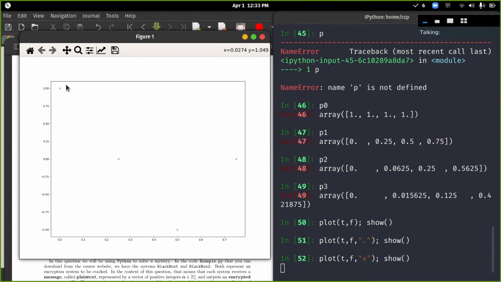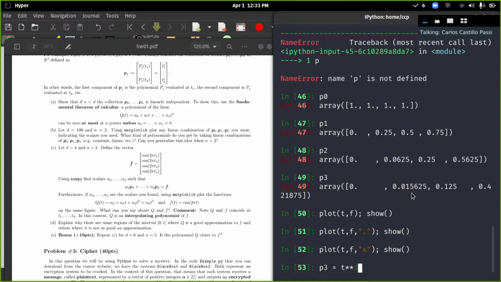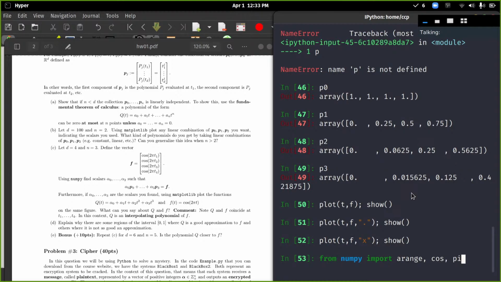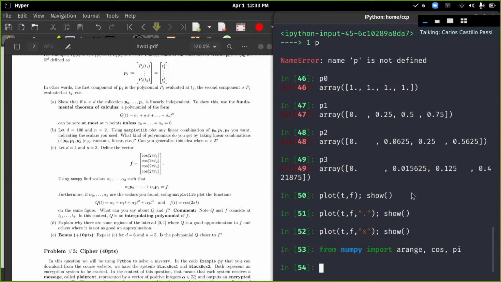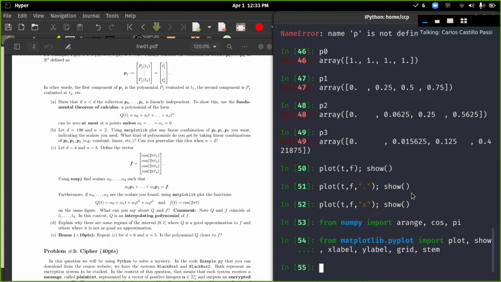You can use X instead of a dot. And if you want, you can also use matplotlib's stem. I think, yeah.